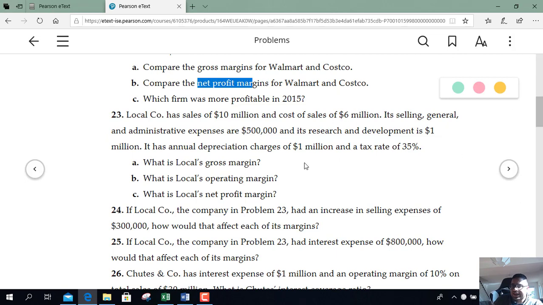You do not consider taxes in operating income. Operating income can be EBIT or EBITDA, but we are considering EBIT, right? So it will be 10 million minus 6 million minus 0.5 minus R&D of 1 million and depreciation of 1 million, divided by sales.